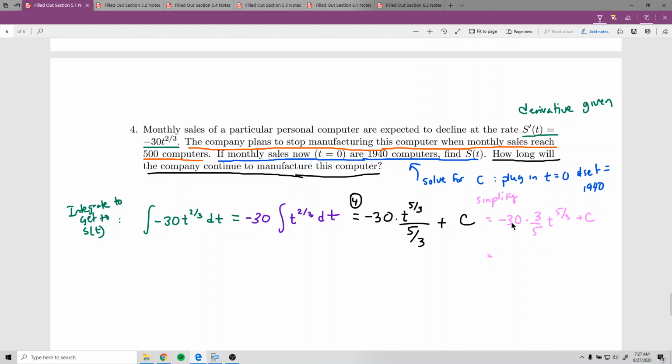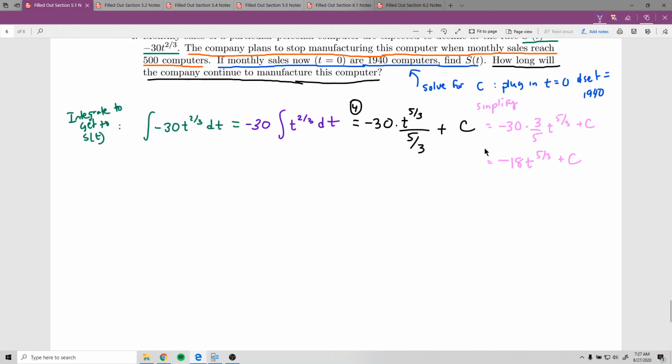And then -30 and 5 cancel to give you -6 times 3 is -18. So this is our S of t without solving for c, just like from before.